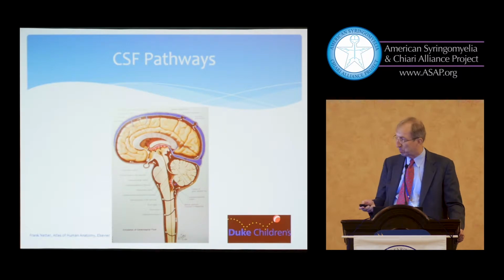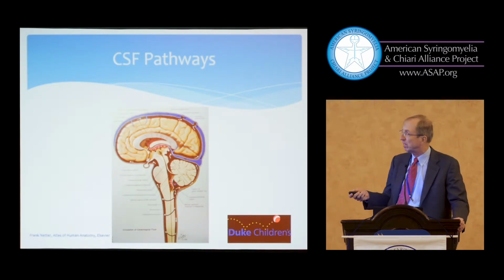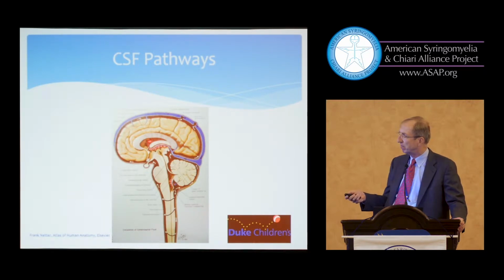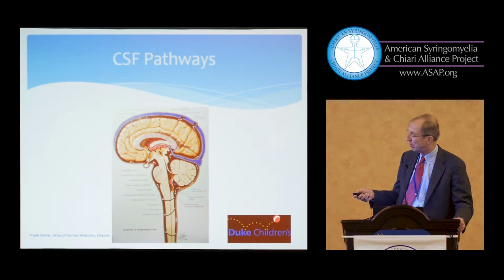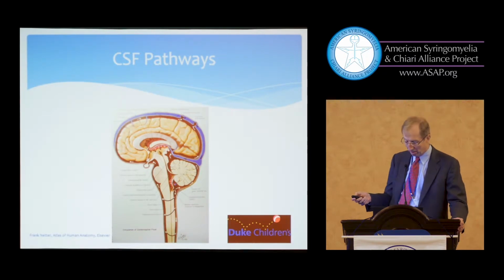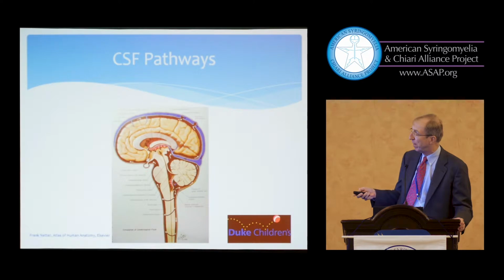The classic description of CSF pathways, a little simplified, is that CSF is secreted by the choroid plexus in the lateral ventricles, third ventricle, and fourth ventricle, circulates through the ventricles from the laterals to the third, through the aqueduct to the fourth, then out the openings of the fourth ventricle, circulates in the subarachnoid space all around the brain and the spinal cord, and primarily gets reabsorbed into arachnoid granulations into the superior sagittal sinus predominantly. So this is our classic description of CSF pathways.